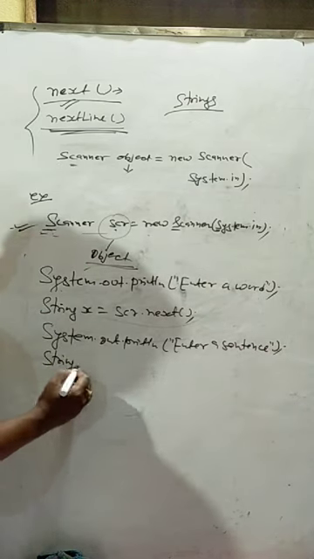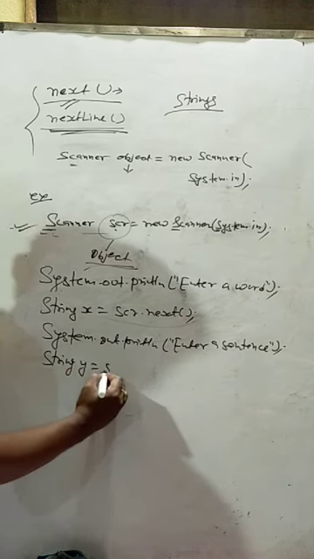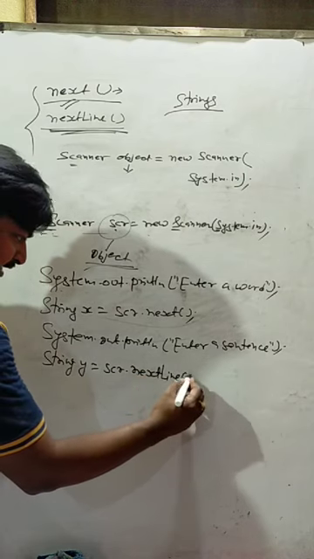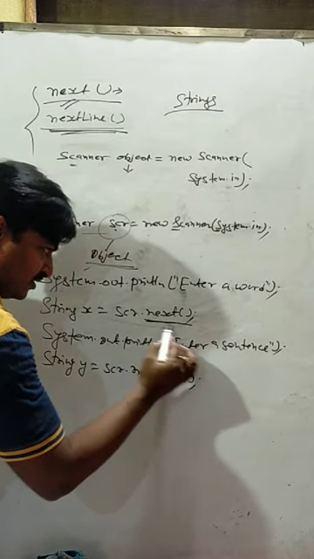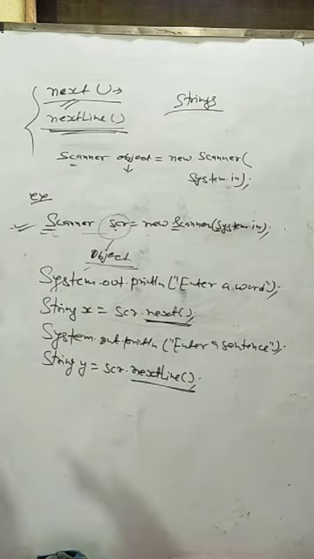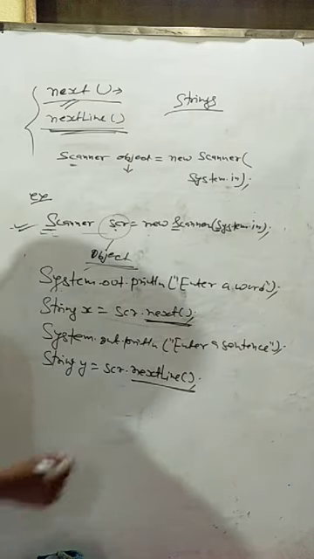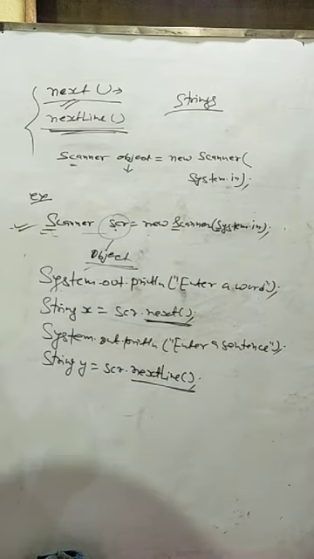A sentence is also a string type. It is also a group of alphabets. String y equal to scr.nextLine. Clearly try to understand: next is used to input a word and nextLine is used to input a sentence. If we try to input a sentence using next, it will only store the first word of the sentence.